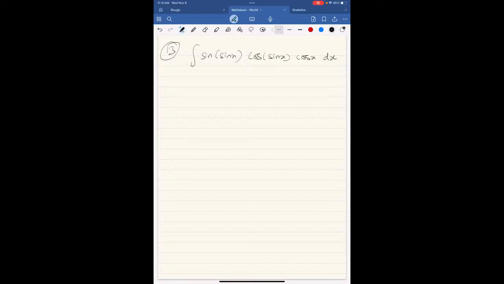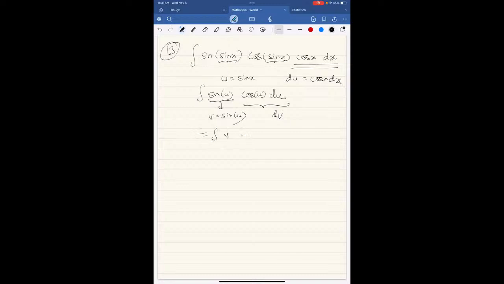First of all, I do know that if I substitute sine x as u, cos x dx will just be du. So let me do that. u is equal to sine x, du is cos x dx. So this is sine u, cos u, du. Again, if I make v as sine u, I will get cos u du as dv.